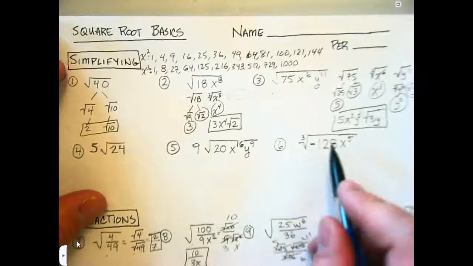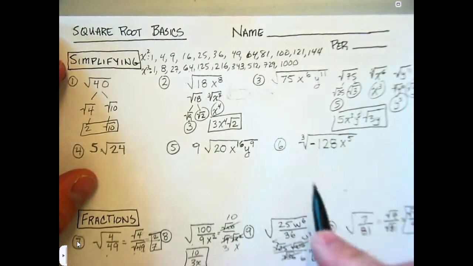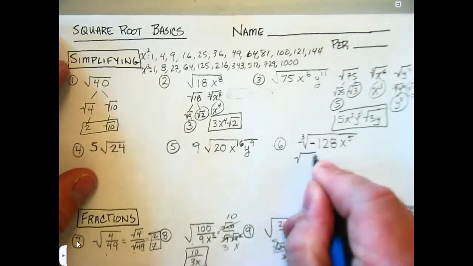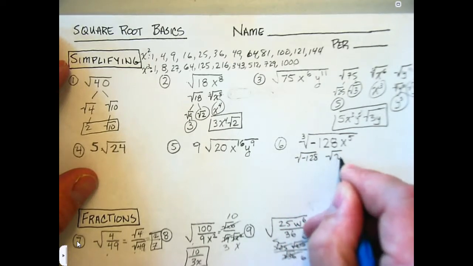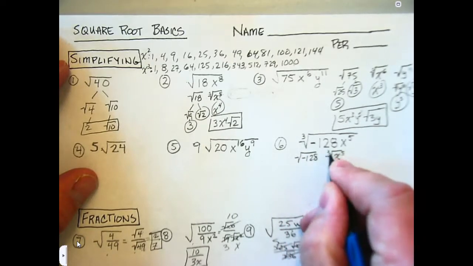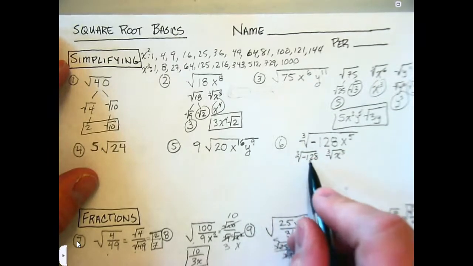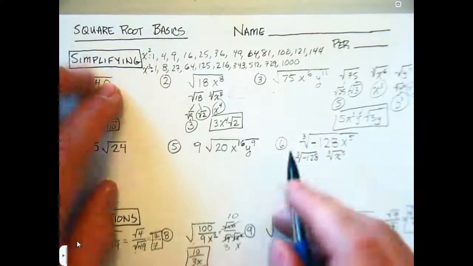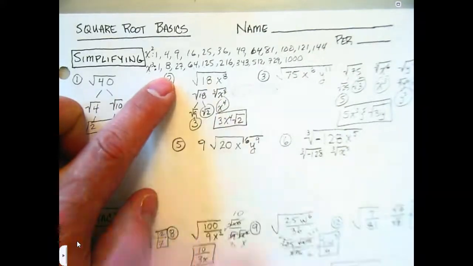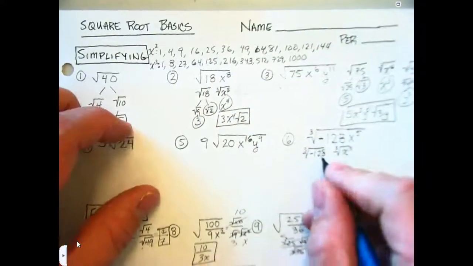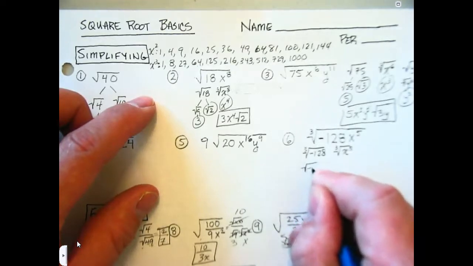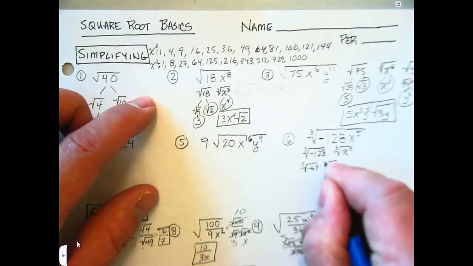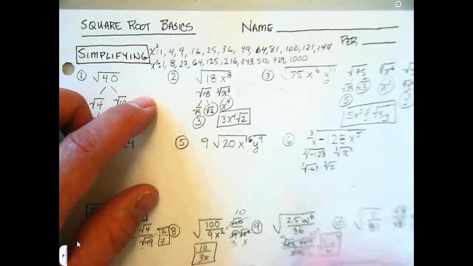So when we're looking at this, is this a perfect cube? In fact, let's break them all up first. The cubed root of 128. Cubed root of x to the 5th. Those are both cubed roots there. 128 is not one of our perfect cubes. You want to see if any of these perfect cubes fit into it. 64 does. So we're doing the cubed root of negative 64 and the cubed root of 2.